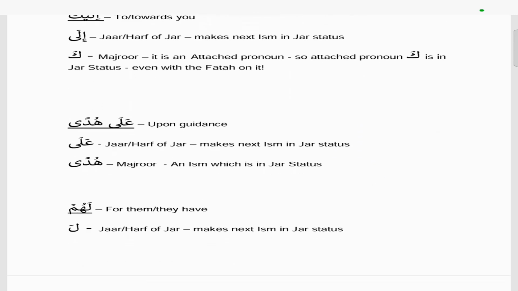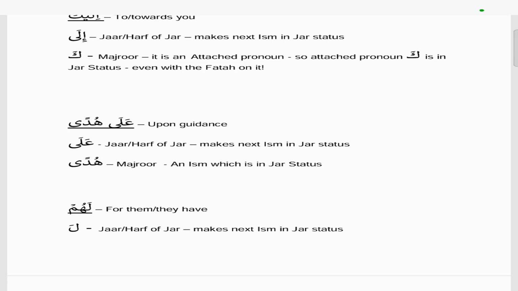The next one is ala hudan, and if you just remember the word hudan, because it's got an alif maksura on it, it's actually non-flexible. So the rafa of hudan is hudan, the nasab of hudan is still hudan, and even in jar status it is hudan. So you can't actually tell by looking just at that word hudan what status it is in.